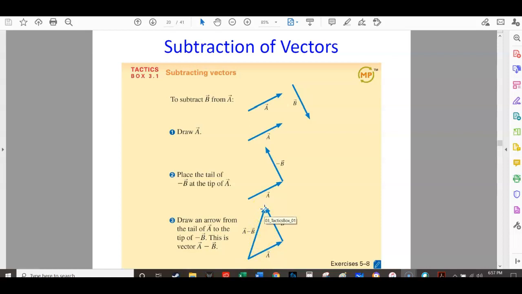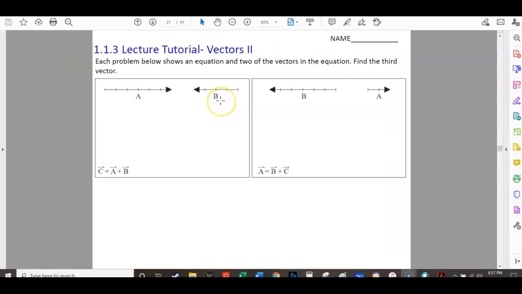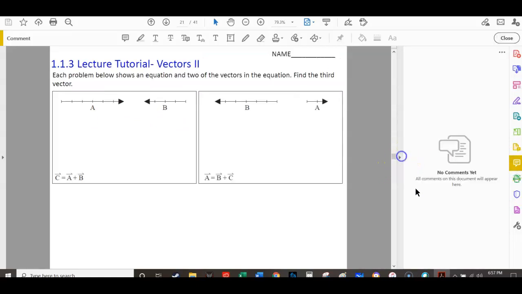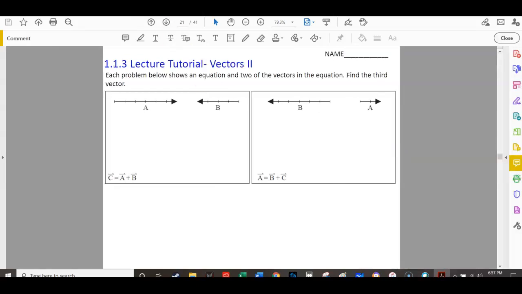Well, let's practice that, but let's do that in one dimension. Here we have one of your tutorials, and we have 2 examples from your tutorials. I don't want you to get mixed up with left being positive and right being negative. These vectors, whatever direction they're shown, just use it as being a positive vector.